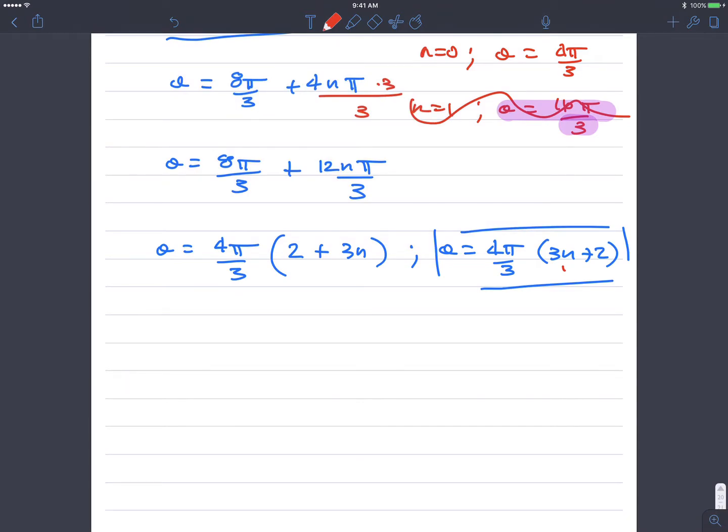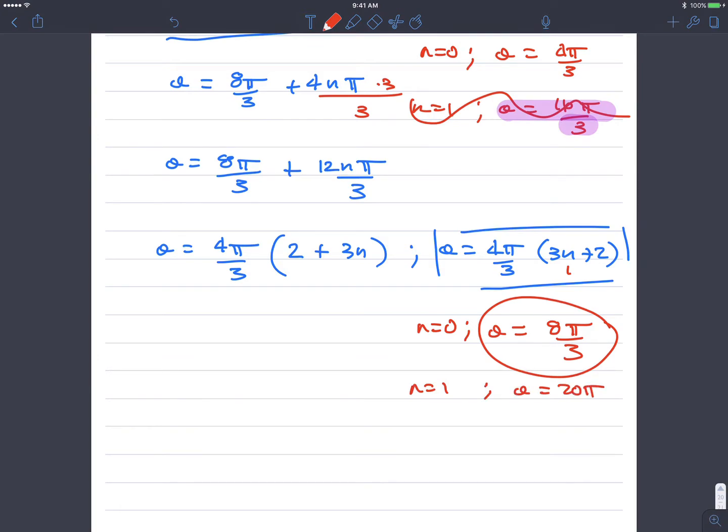Extra credit. What happens when n here is 0? Right, what's your theta? N is 0. Well, there you go. There's the 8 pi over 3. Oh, I'm glad I'm not losing my mind. Now, n is 1, and what happens here when n is 1? 5. 5 times 4, that's 20 pi over 3.